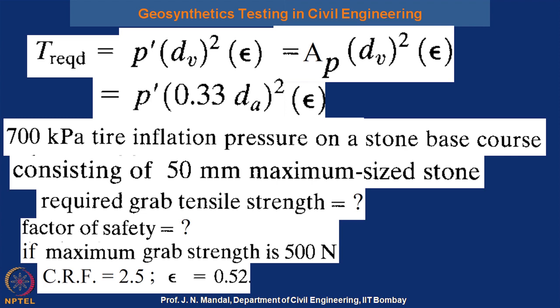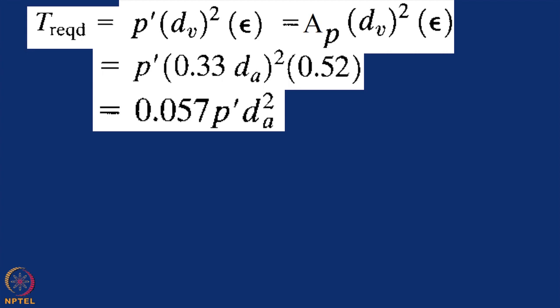So, T required you can determine. Epsilon is 0.52, and AP is also known to you. So, the equation will be like this: 0.057 into AP into dA square.